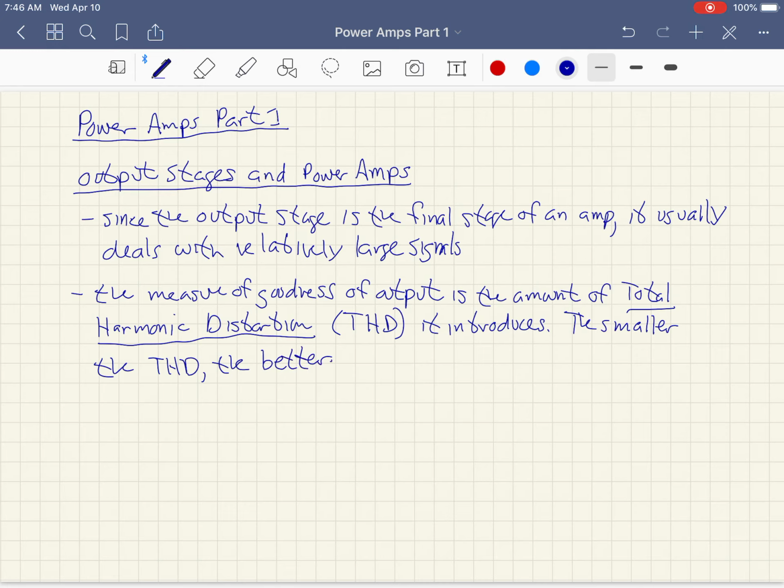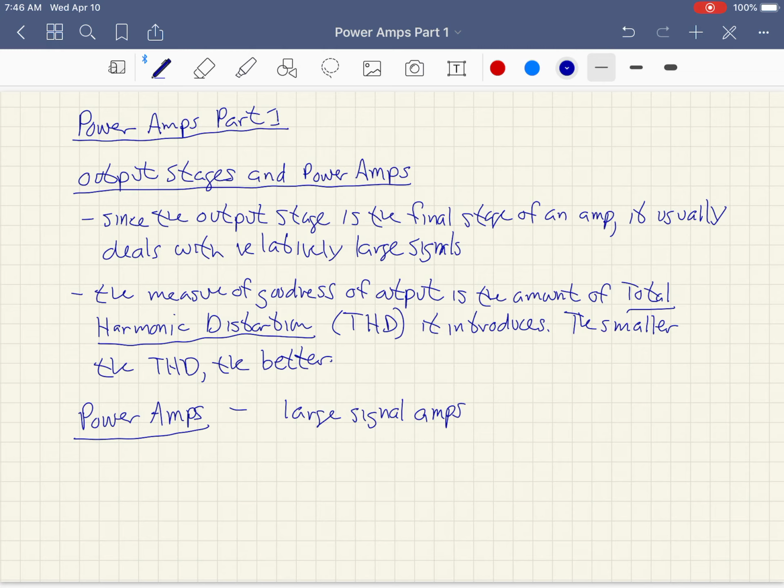All right. So let's talk specifically now about power amps. Okay, they're large signal amplifiers by definition.